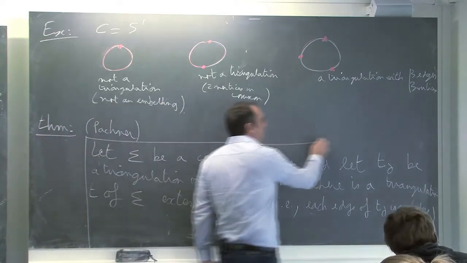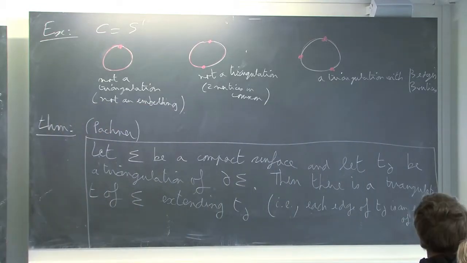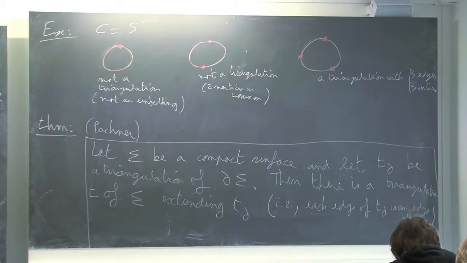So we can extend the triangulation. If you have a triangulation of the boundary, you can extend it to a triangulation of the surface.